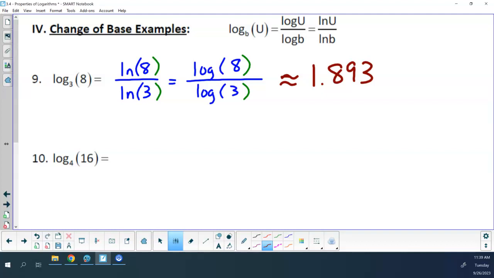Log base 4 of 16. Should be 2, right? Okay. Using change of base formula, we can figure out if it is 2 or not. Verify on your calculator that you get 2 there. Then at the same time, I would like to know log base 4 of negative 16. What do you get there?